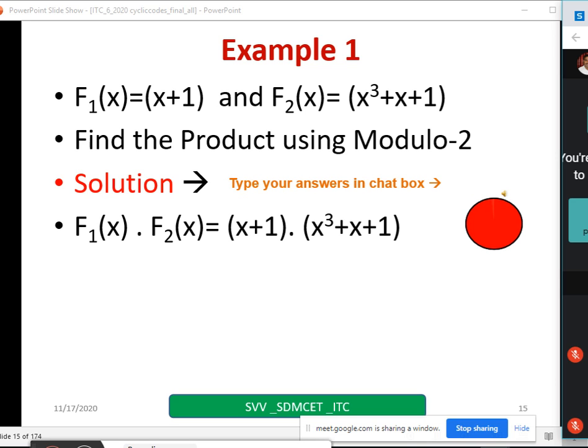Let me see others' answers. x4 3 2 1. Geeta, Shivani, Shruti, Priya, Nivedita, x cube plus 1. Karthik 4 3 2 1. Ritika 4 3 2 1. Sai Manthan, Shilpa, Pragati, Vijay Lakshmi 4 3 2 1, means x4 x3 x square plus 1. Okay.